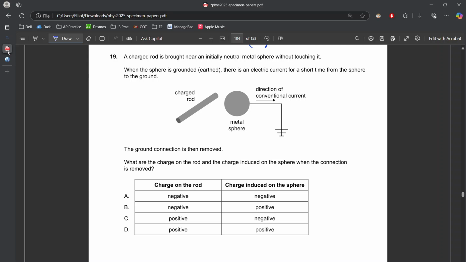Electrons, direction of conventional current, which means I want to say that electrons are actually going this way, because conventional current, if I remember correctly, is in the opposite direction of the actual motion of the electrons. So that means the electrons want to go up, which means the sphere was positive over here for a time. So relatively positive.